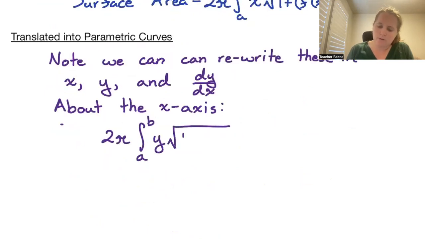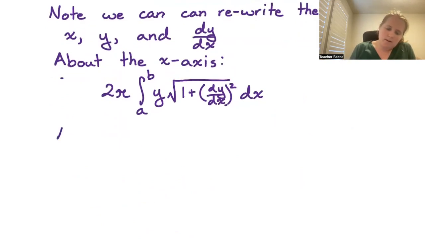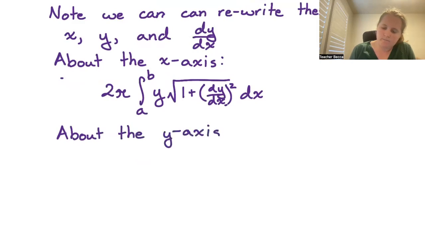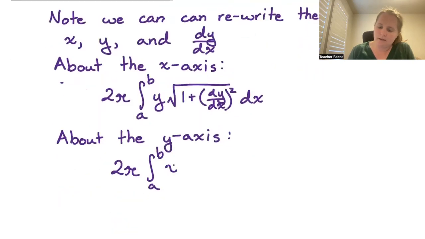Then we have times the square root of 1 plus dy dx squared and then dx. About the y-axis, we have 2 pi times the definite integral from a to b of x times the square root of 1 plus dy dx squared dx.